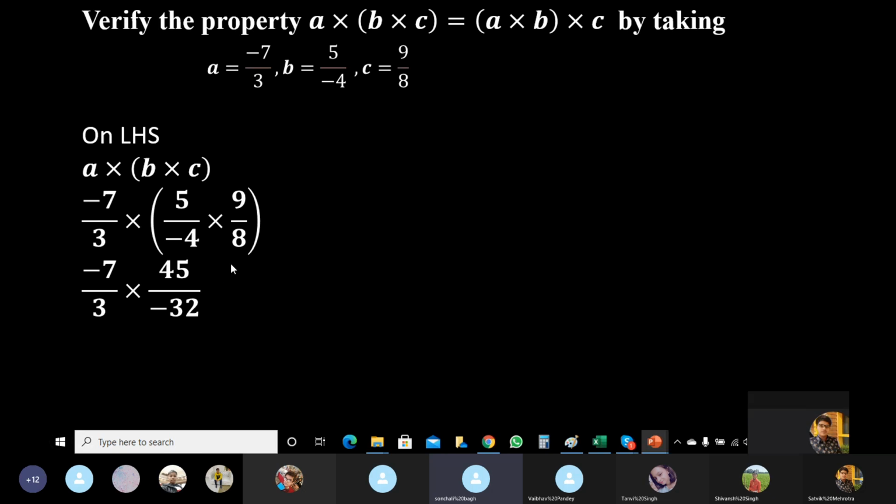Is any further cancellation possible? Minus can be cancelled, and 3 and 45. I am not cancelling the minus sign; I will cancel it at the end. It's better to cancel at the end so that no confusion is left. So I am getting minus 7, 15 and 1, minus 32.